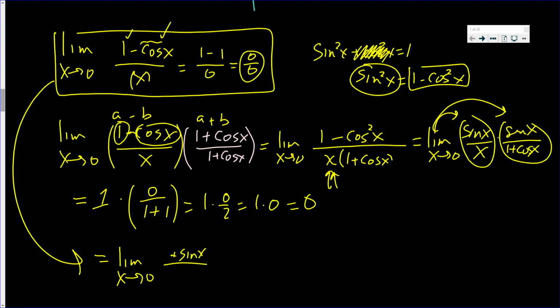And the derivative of x is 1. So this is just sine x, and when you have a trig function, the limit is found by substitution, and sine of 0 is 0, just what I got before.